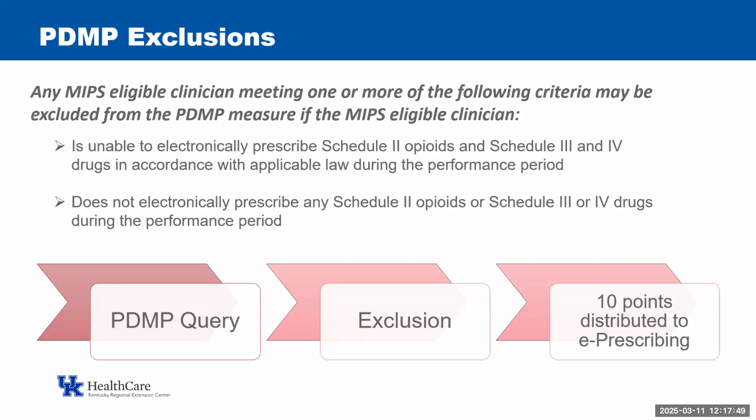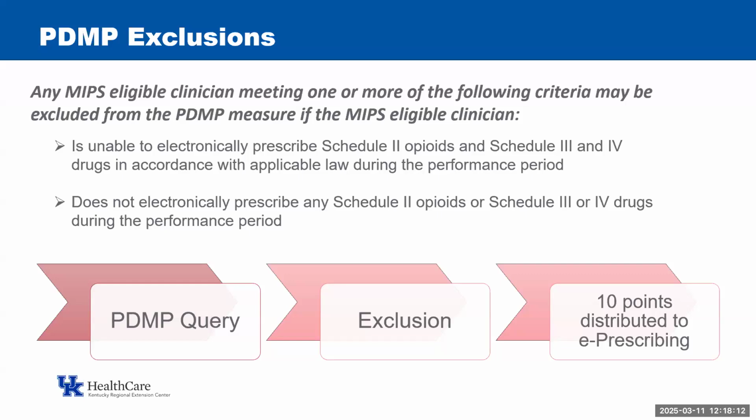Most EHRs that we work with have that functionality. That was a common issue in the beginning, but as we've moved forward with our technology and our EHR functionalities, this is not a major issue anymore within healthcare organizations.